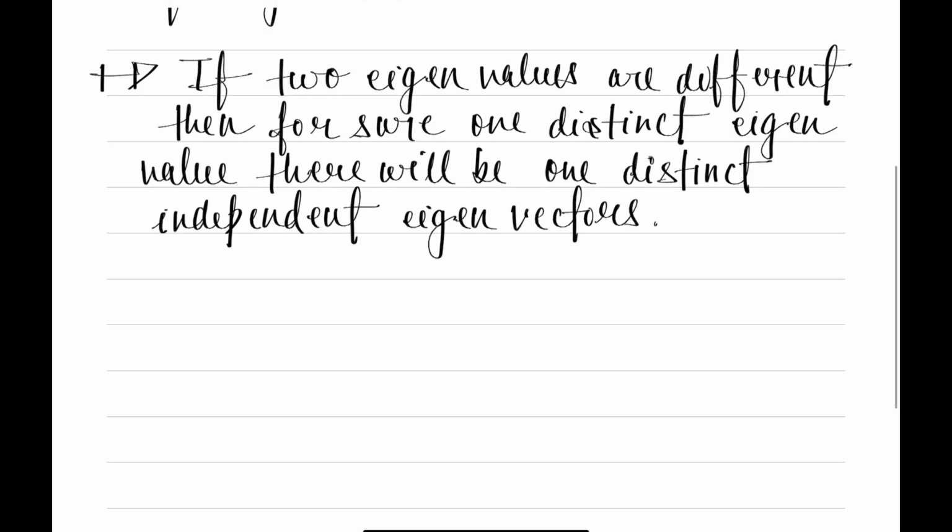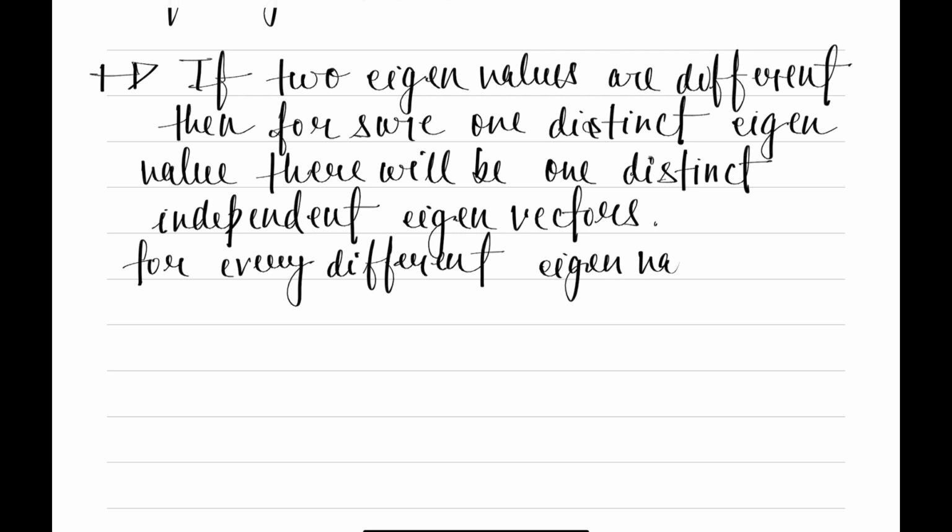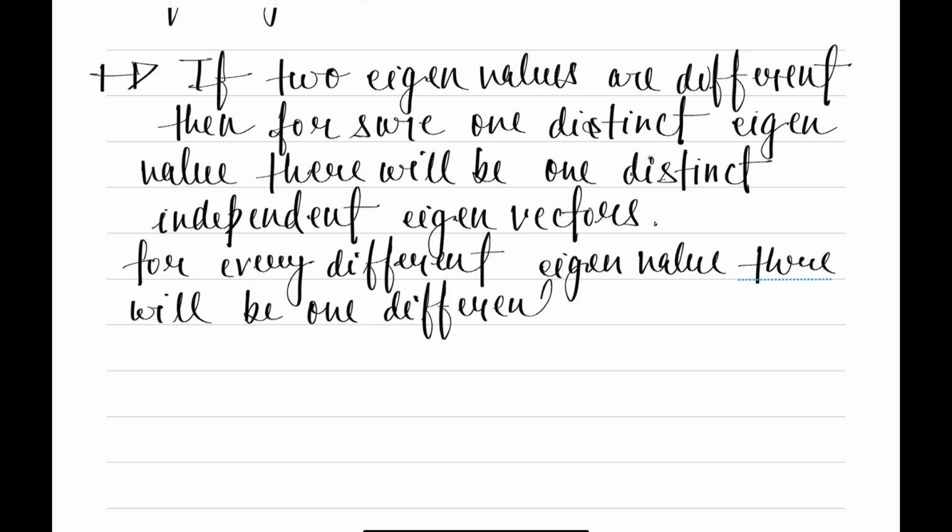Or we can write, for every different eigenvalue, there will be one different eigenvector.